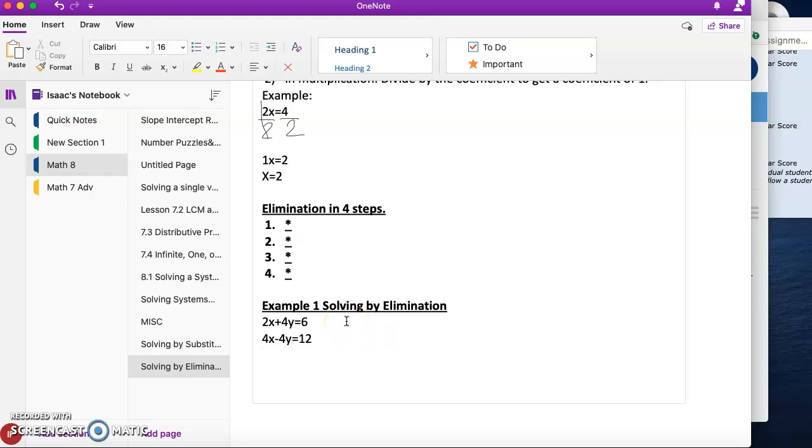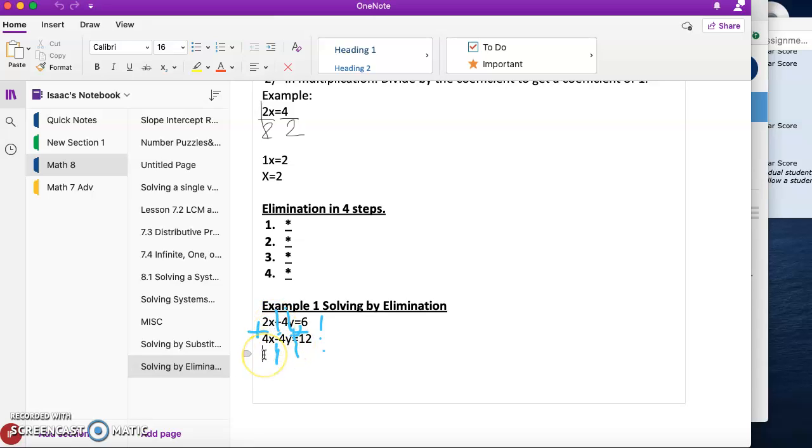What elimination effectively means is that I'm going to add these two together in a way that gets rid of one of the variables. So I'm just going to say, all right, I'm going to add these two equations together. And what that'll give me is 2x plus 4x. When you're first doing this, it's handy to make a sort of a chart out of it to divide up the x's and the y's and what they equal.